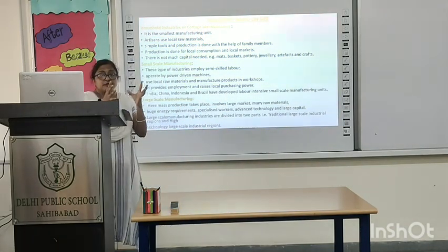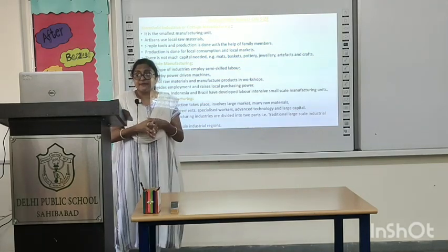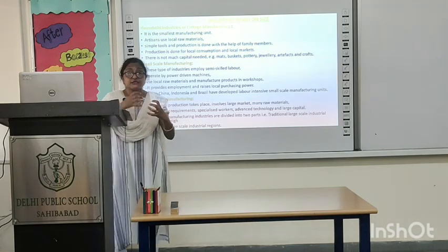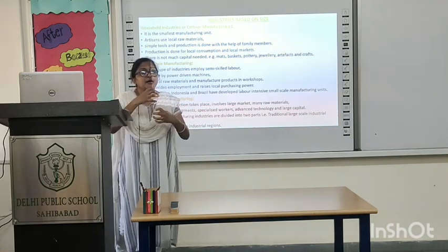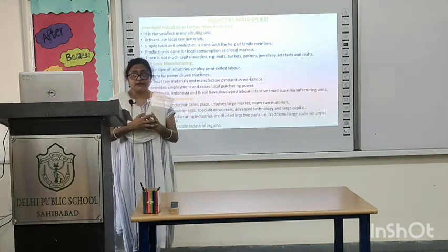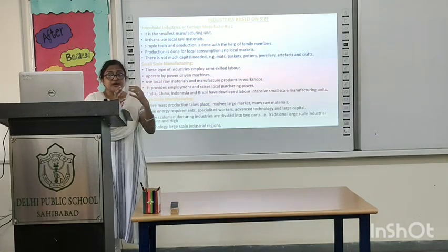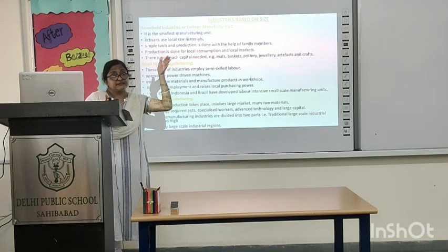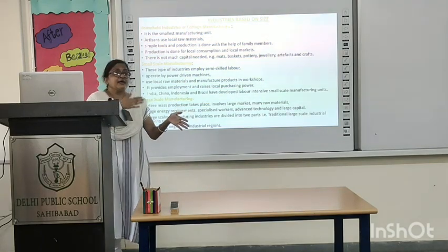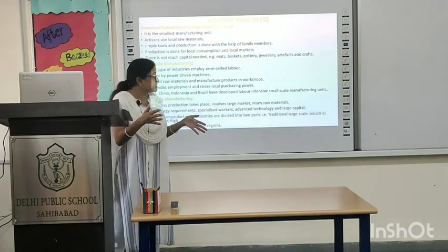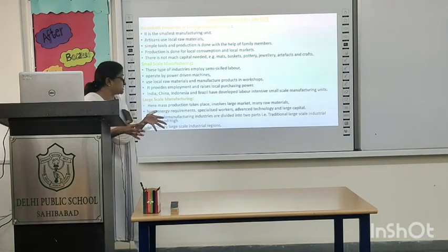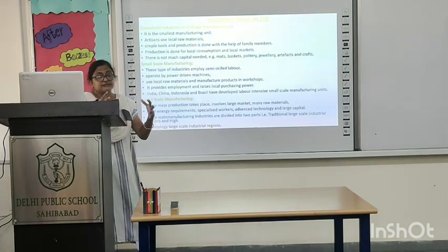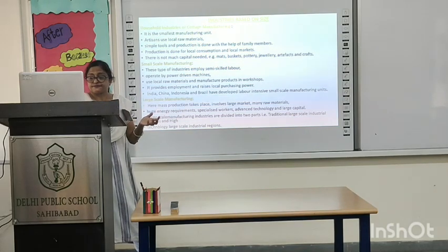There are huge energy requirements, specialized workers are needed, advanced technology is needed, and large capital investment. Large scale manufacturing industries are divided into two parts: one is the traditional large scale industry and the next is the high technology large scale industrial region.